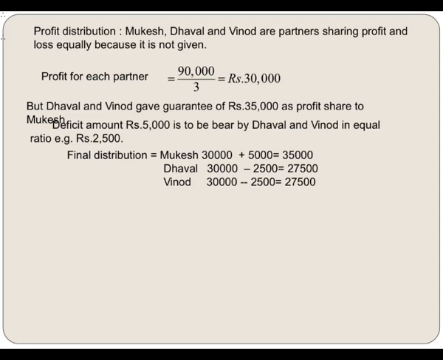So a deficit of 5,000 is to be borne by Dhaval and Vinod in their profit and loss ratio, and that is equal. So 2500, 2500 each. So the final distribution is: Mukesh 30,000 plus 5,000, so 35,000. Dhaval 30,000 minus 2500, 27,500, and Vinod 30,000 minus 2500, 27,500. So these are the two questions of minimum profit guarantee.